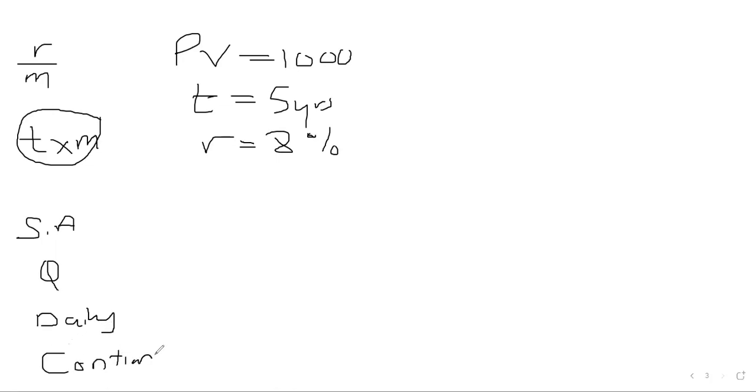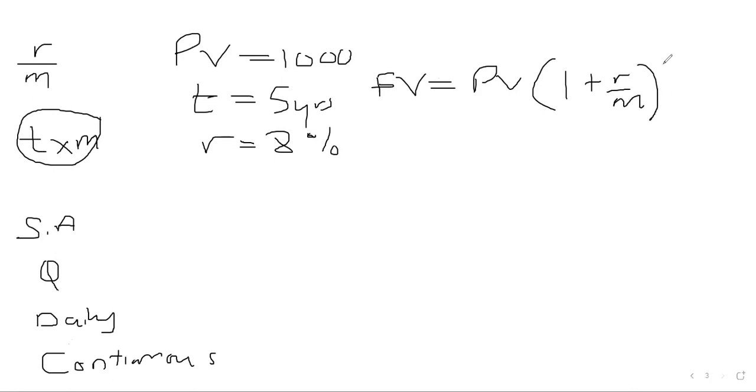If you're compounding more than once, you have a general formula for compound interest: future value is equal to present value times 1 plus R over M, all to the power M times T. Who remembers, if it's semi-annually, how many times are we earning interest in a year?